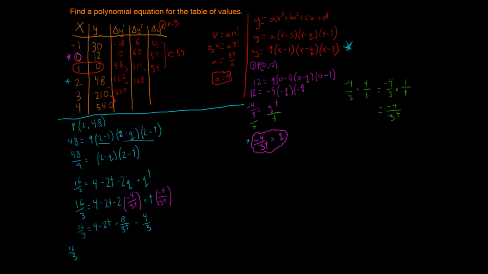So we got plus 4 on this side, so minus 4, so 16 over 3 minus 4. And then we got negative 4 thirds, so we're going to add 4 thirds to both sides of the equation, plus 4 over 3. And all of that's going to be equal to negative 2t plus 8 over 3t.